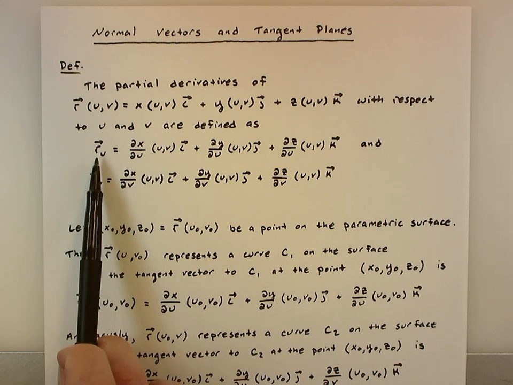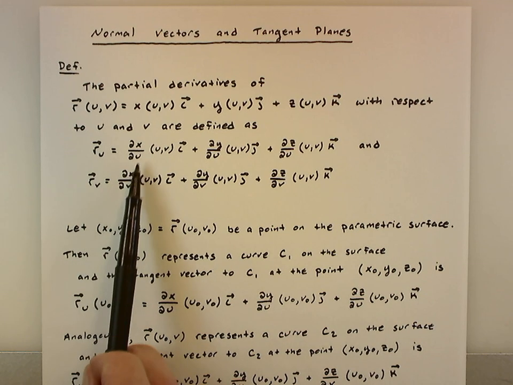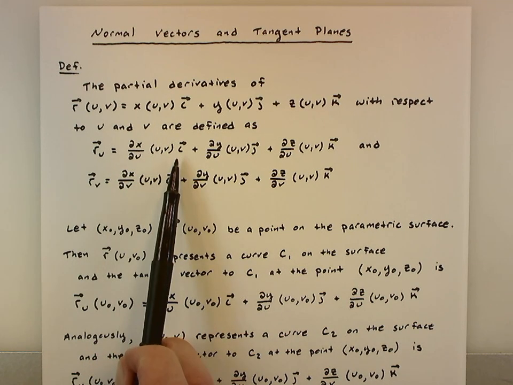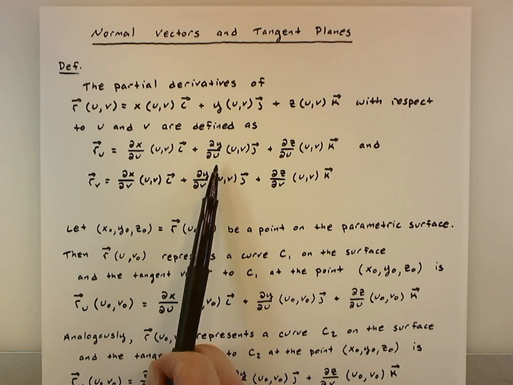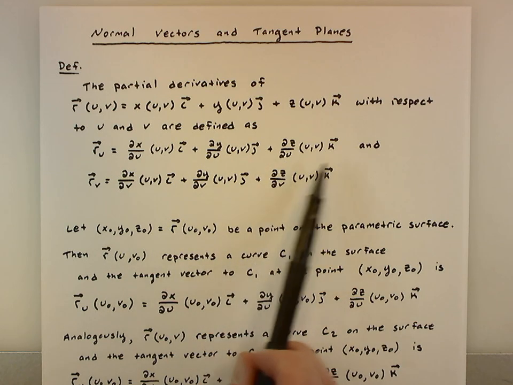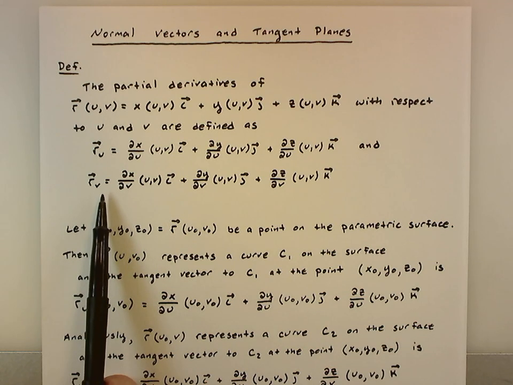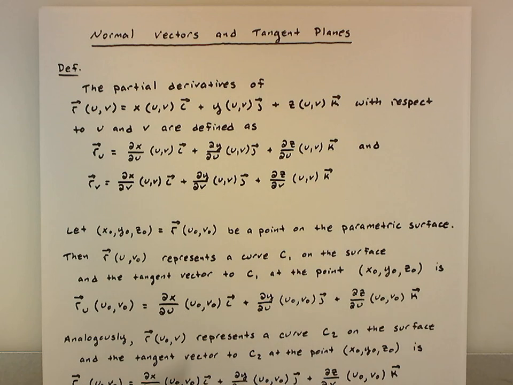The partial derivative of vector r with respect to u is the partial of x with respect to u in the i direction plus the partial of y with respect to u in the j direction plus the partial of z with respect to u in the k direction. And the partial derivative of vector r with respect to v is defined as this.